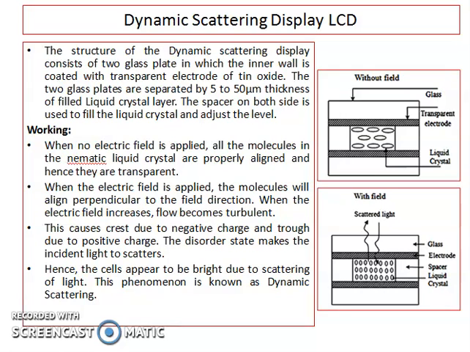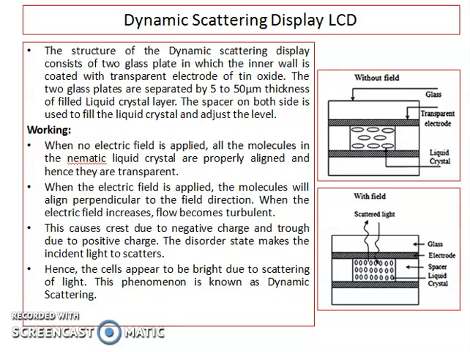When no electric field is applied, all the molecules in the nematic liquid crystals are properly aligned and hence they are transparent. When the electric field is applied, the molecules will align perpendicular to the field direction. When the electric field increases, flow becomes turbulent.